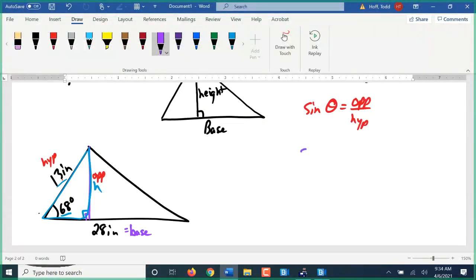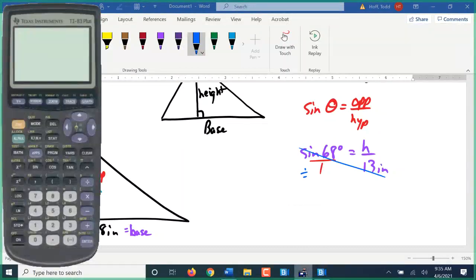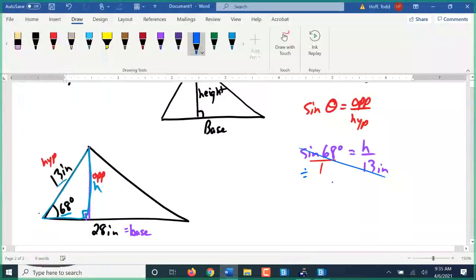So in this case, the sine of 68 degrees equals that height over 13 inches. I'll put this over 1 so that I can cross multiply and divide. Sine of 68 times 13 divided by 1 gives us 12.05 inches. So the height is 12.05 inches.